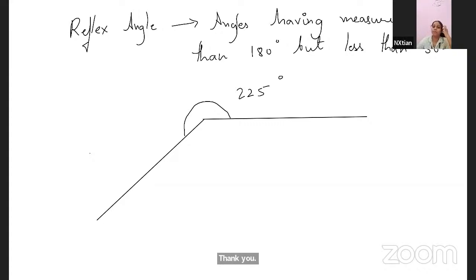Ma'am, but how do we measure it with only a 180 degree protractor? I think you can reverse the protractor and try. Ma'am, no, I'm using a 180 degree protractor. It won't have 225. Then I think we need the 360-degree protractor to measure it.